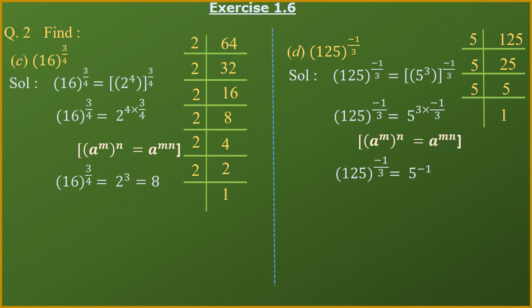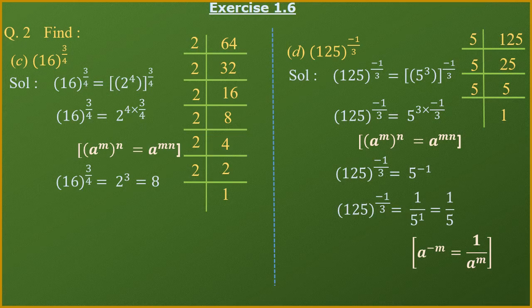And 5 to the power minus 1, one formula we have learned: a to the power minus m is equal to 1 upon a to the power m. If I use that formula here, minus 1 will become plus 1 if I take the whole term at the place of denominator, and then 5 to the power 1 I write simply as 5. So answer is 1 upon 5.